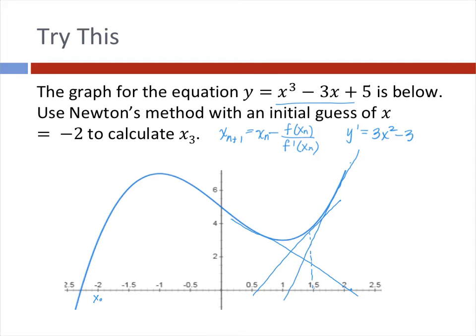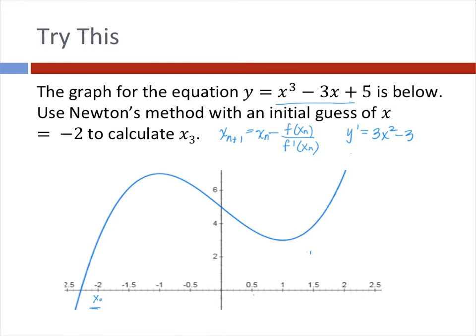And do you see how it keeps alternating back and forth? So that actually is one of the problems that we described when we talked about the times when Newton's method goes wrong. All right, so I want to avoid that. So I'm giving you an initial guess of x naught equals -2. Okay, so let's get started with our calculations.